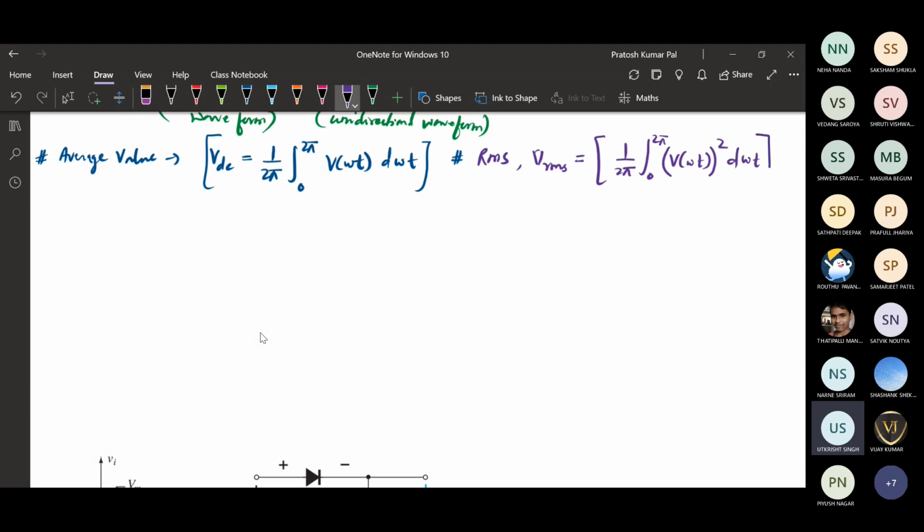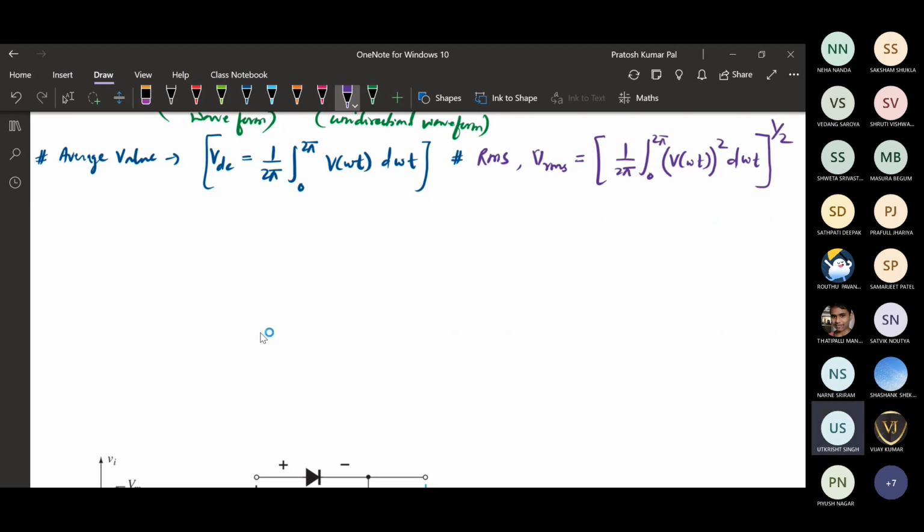After taking the integration for one complete time period, 0 to 2 pi, we will be taking the square root, so its power will be 1 by 2. So this is how the RMS value of a waveform is calculated.